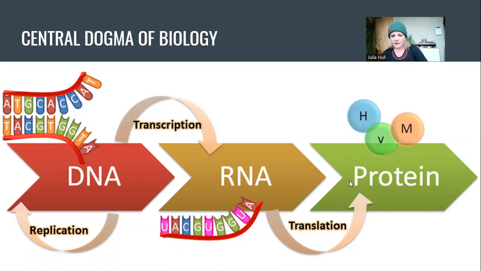Now, getting the order right is tricky, because transcription and translation are very similar words, and so it's easy to get them mixed up. And the way that I remember them is that in the nucleus is our master copy of our genetic code, encoded in our DNA.